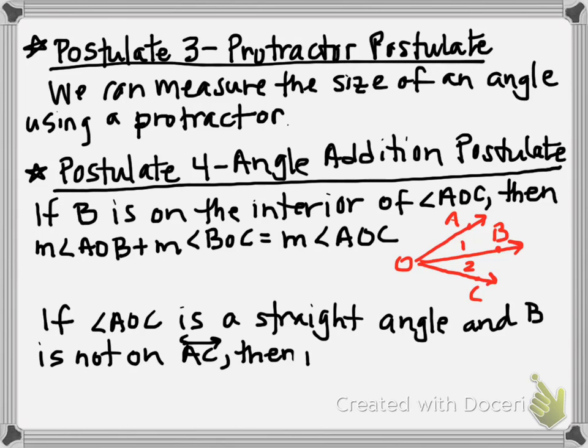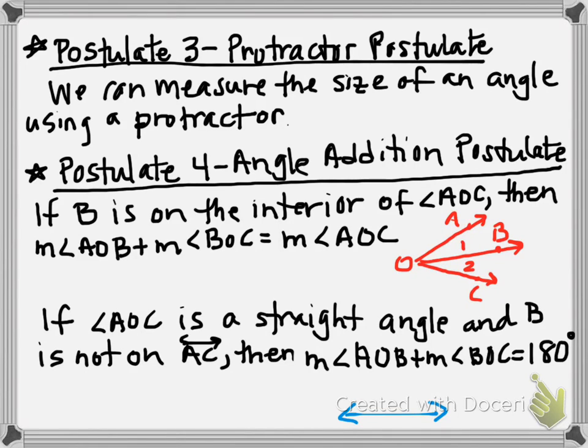We would say the measure of angle AOB plus the measure of angle BOC is going to specifically equal 180 degrees. And then I'll put a little picture to illustrate that.